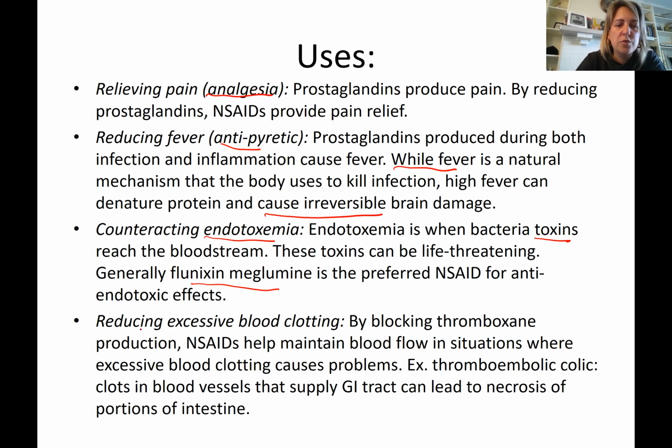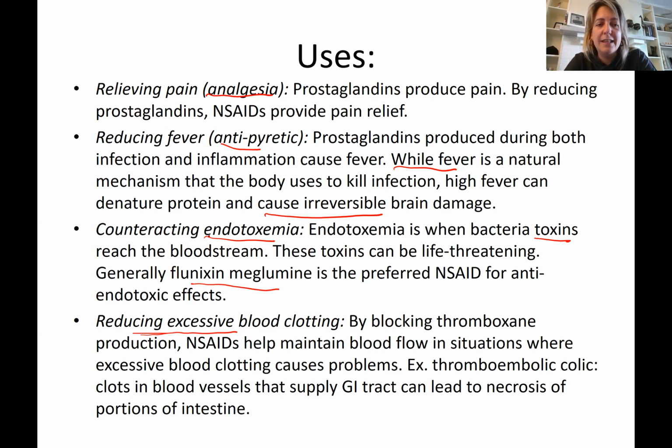NSAIDs also reduce excessive blood clotting by blocking thromboxane A2. They help maintain blood flow and perfusion to areas. For example, endotoxemia causes disseminated intravascular coagulopathies, where you have blood clotting everywhere, decreasing perfusion in whatever organ has a blood clot.